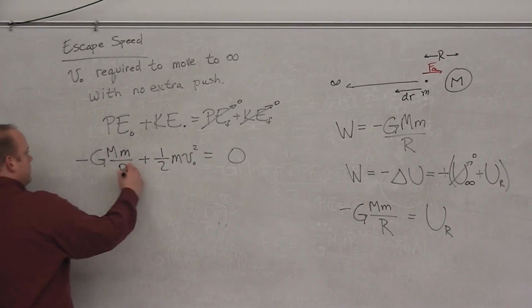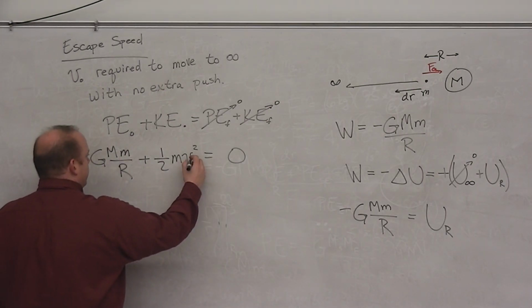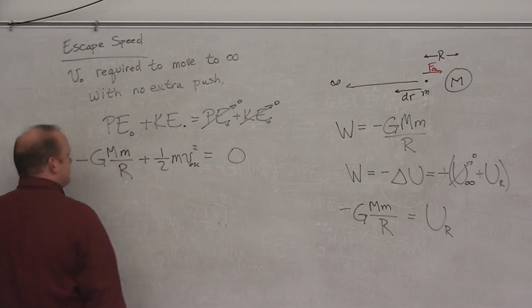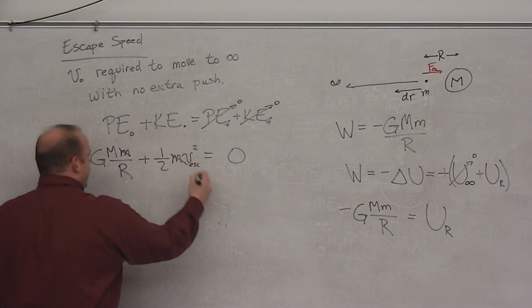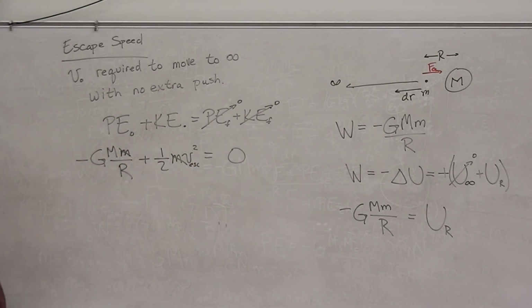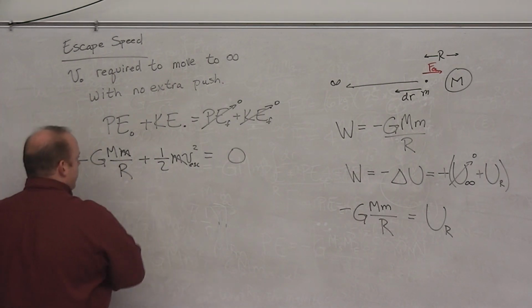Now, V0 I'm just going to call V escape. The m's drop if I divide both sides by m. Multiply everything by 2.